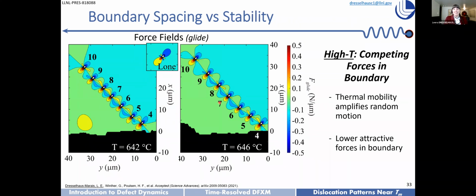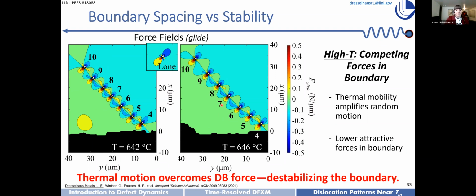We now can start to see competing forces interacting within this boundary as thermal mobility starts to amplify the random motion of dislocations out of the boundary, with lower attractive forces pulling them back in. And eventually what we find is that the thermal motion overcomes the more and more weakening dislocation boundary force until we eventually destabilize the boundary altogether.